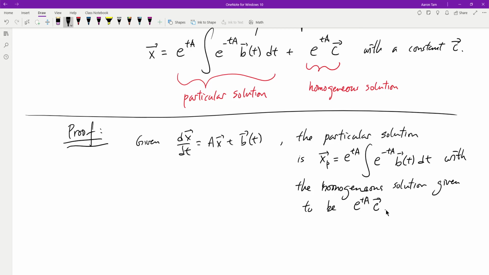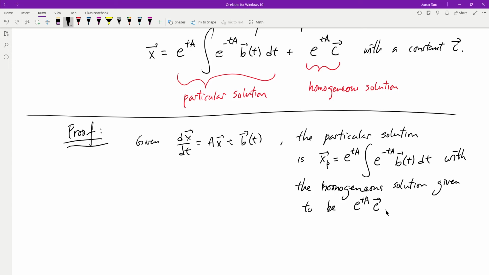That's what we try to prove, and then I can combine it with the homogeneous solution and find the answer.